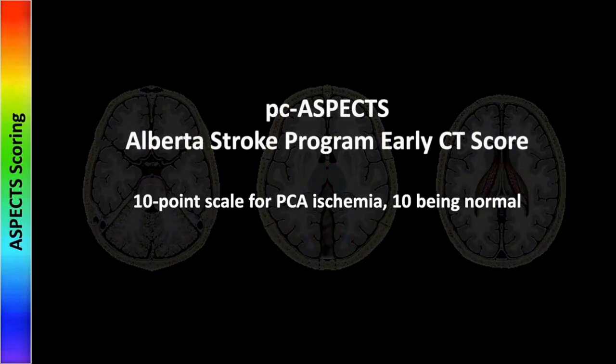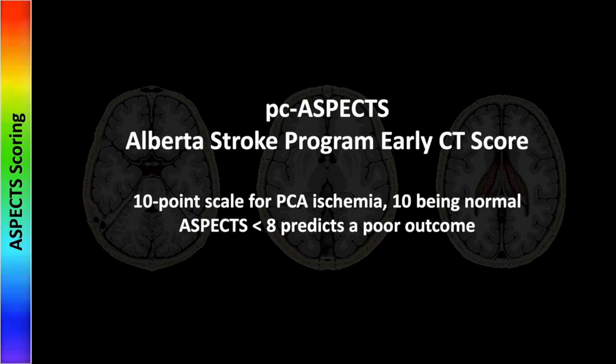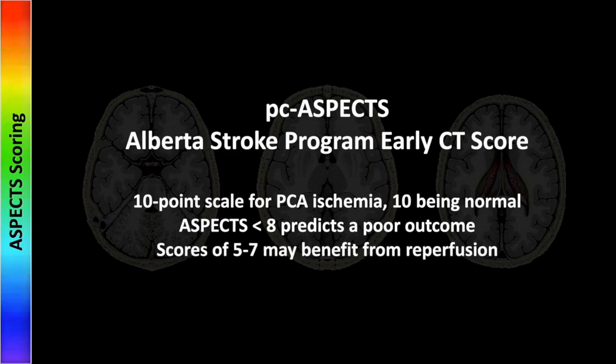So the PC aspect scoring system, again, is a 10-point scale, with 10 being normal. An aspect score of less than 8 predicts a poor outcome, but additional data suggests that scores of 5 to 7 may also benefit from reperfusion therapies.